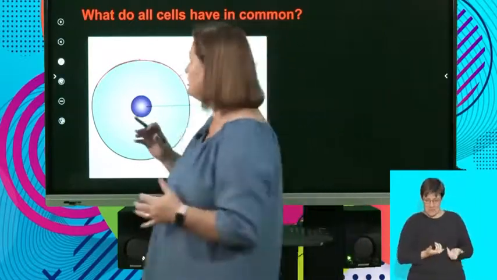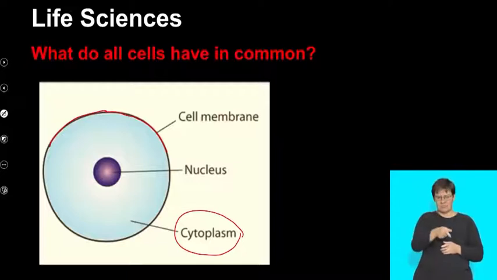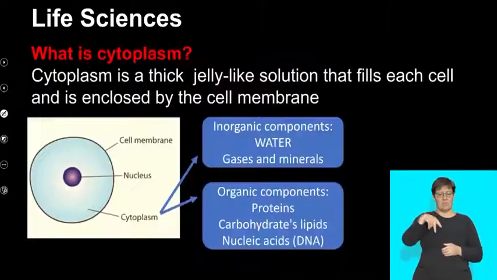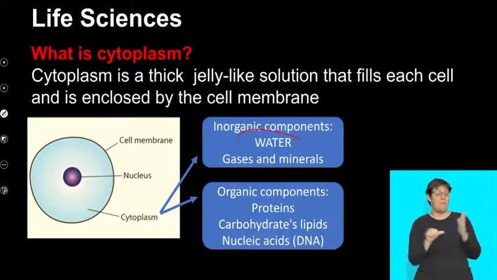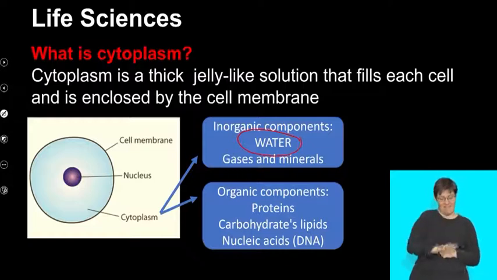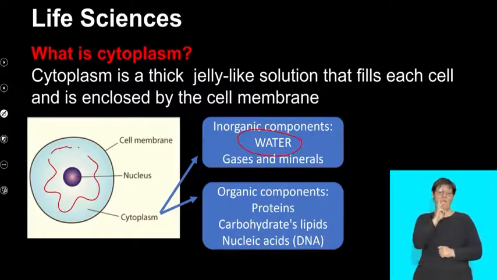Okay, so the concept of the cytoplasm is this bowl of jelly. And as I said to you, the most important thing is this water. All of this over here is water. And then in the water, I'm going to have some gases.